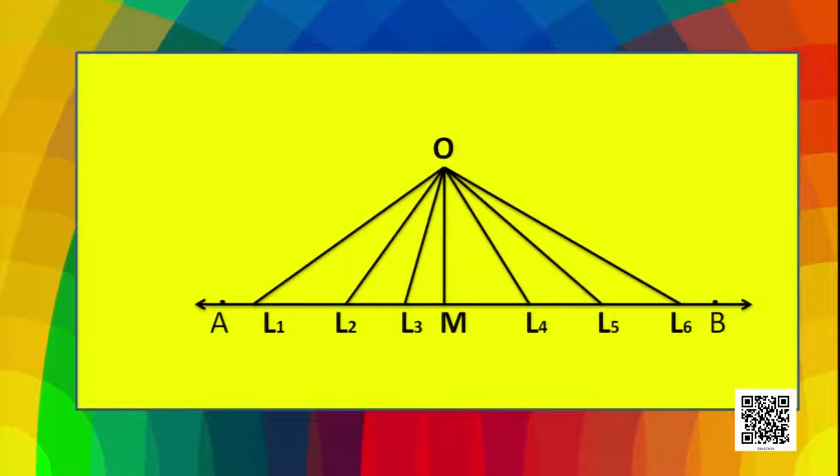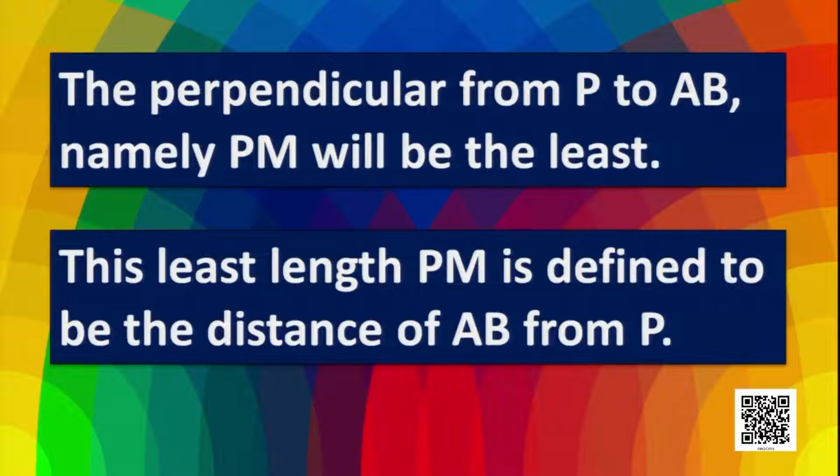If we consider only one line segment that is fixed for the distance, that is the least distance. Here OM is the least distance and it is perpendicular to AB.